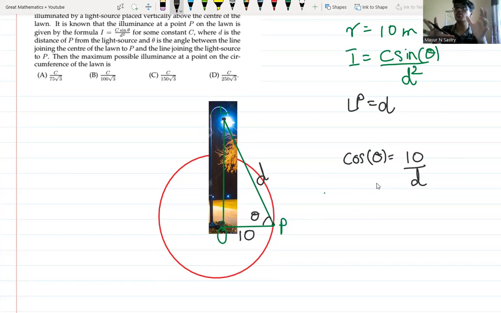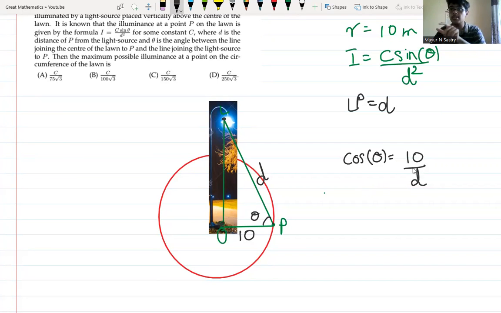What we want to do is to maximize illuminance. As we can see, I equals C sine theta over d square. C is a constant, but I is varying both with theta and d. But we need to express it in terms of one variable now, because we know the relationship between theta and d as cosine of theta equals 10 by d.